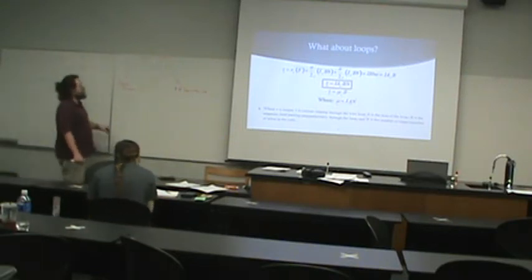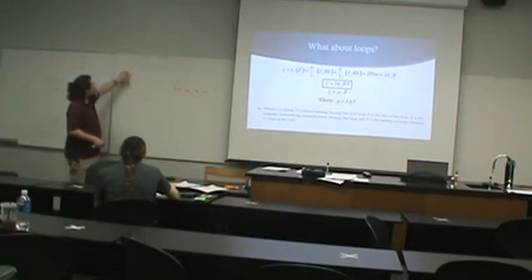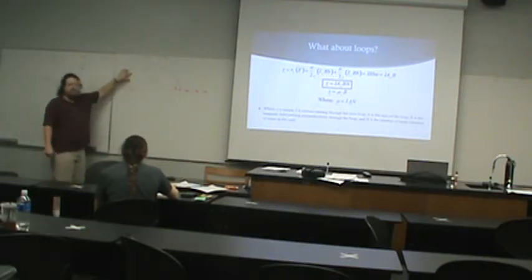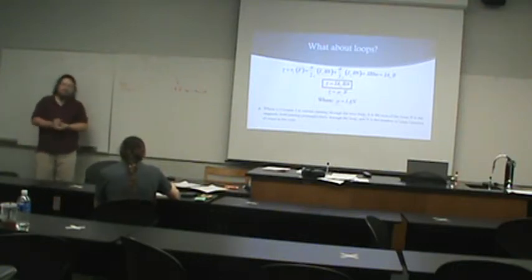And because of the way the formula works, number of loops is just a straight multiplier. The more loops you put into your motor, the more torque you'll get out of it. So physically, the more wires you can cram in there, the better the machine is going to be.